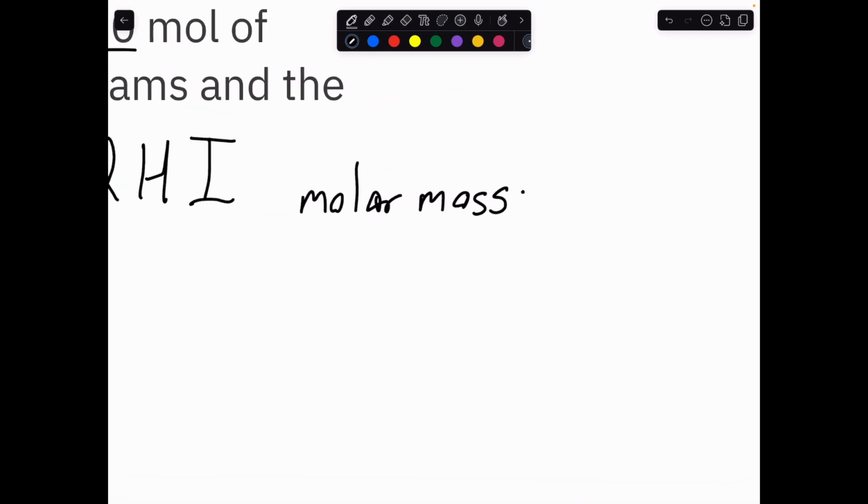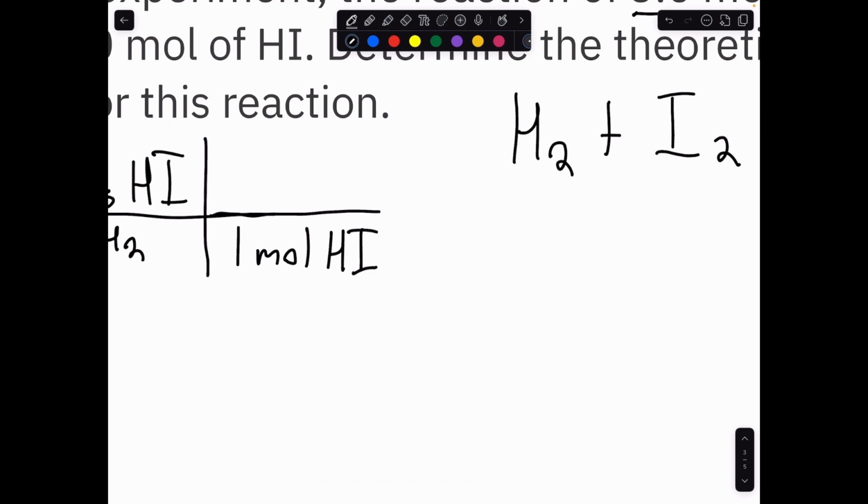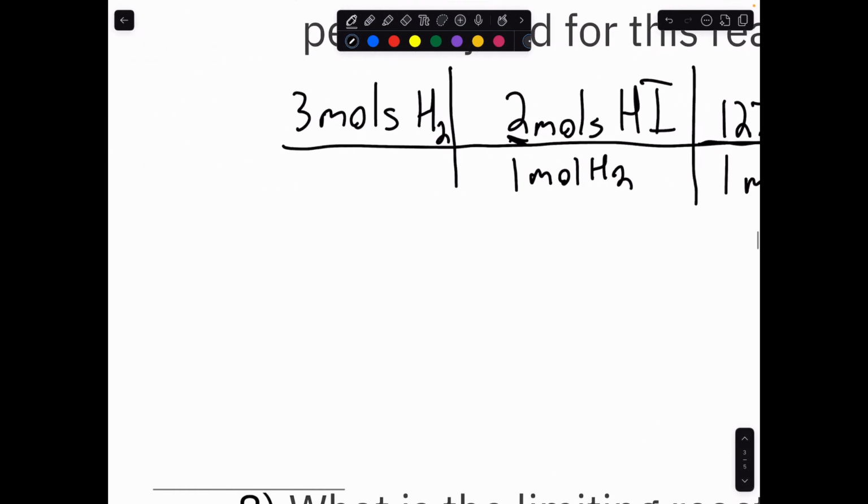That's going to be 127.911 grams per mole. So we know in 1 mole there is 127.911 grams of HI. And I'm not going to solve that right away.